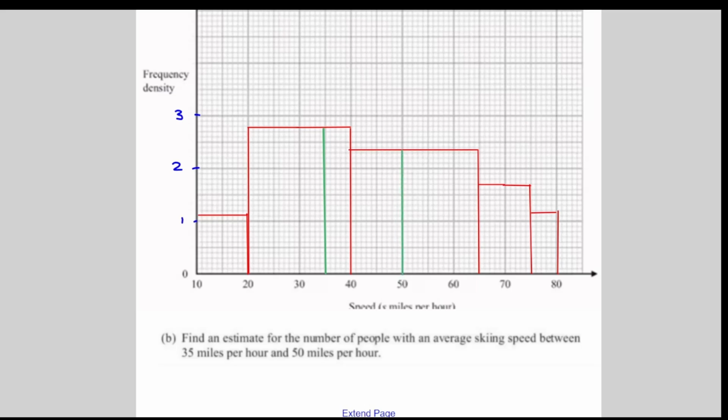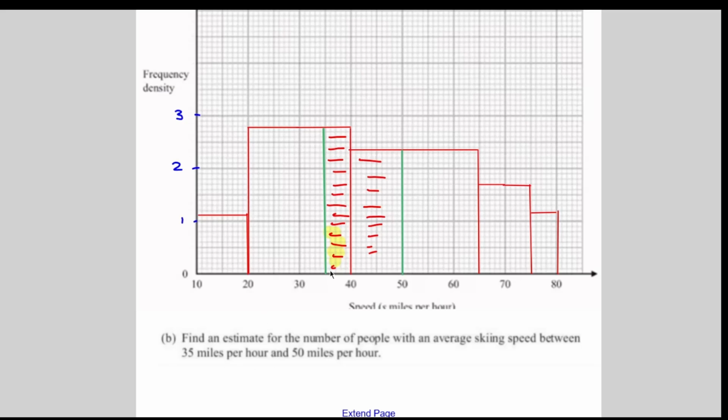Now we need to get the area of this bar and the area of this one, because frequency is represented by the area of the bar.